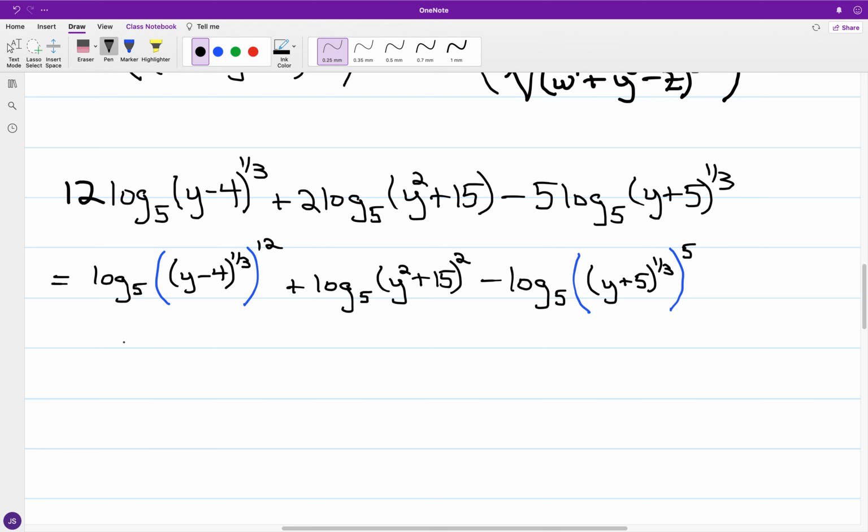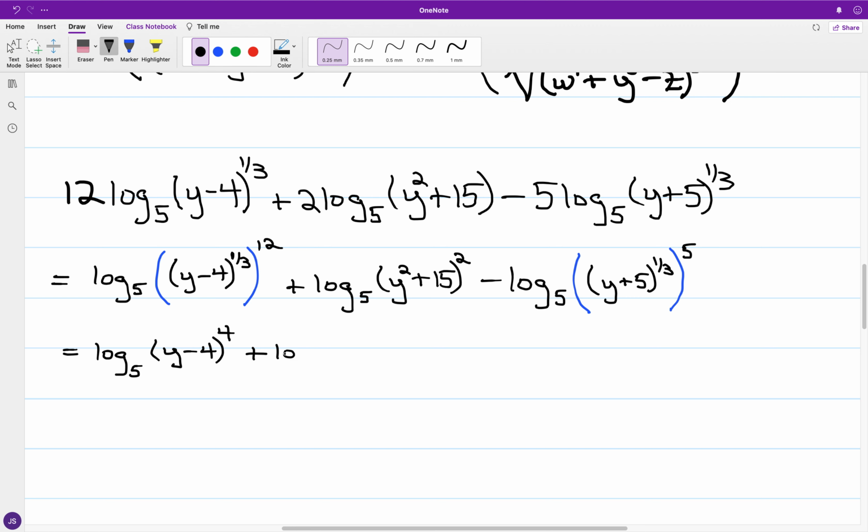Okay, so we have the first and the last terms with the attachments. I'm going to apply the power property of the exponents. So we're going to have the base 5 logarithm of (y minus 4) to the 1/3 times 12, and 1/3 of 12 is 12/3, which is 4. So we have y minus 4 raised to the 4th.